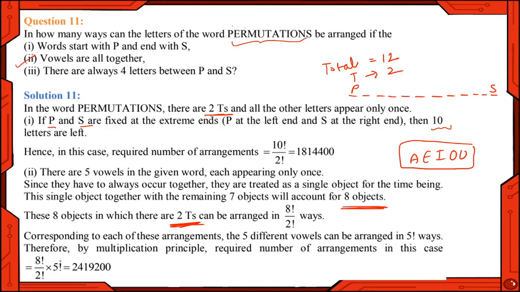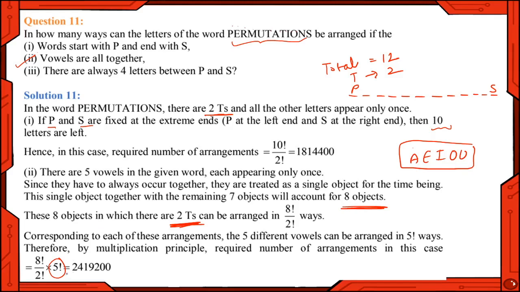Now, there is one more thing that we have to do. These A, E, I, O, U will be arranged factorial 5 times. We are saying all the vowels are together. Together does not mean they will come only in this sequence A, E, I, O, U. We may have E, I, A, O, U. We may have U, O, I, E, A. Anyway, so these 5 letters can be arranged in factorial 5 ways.